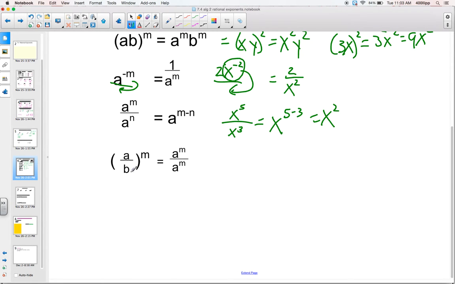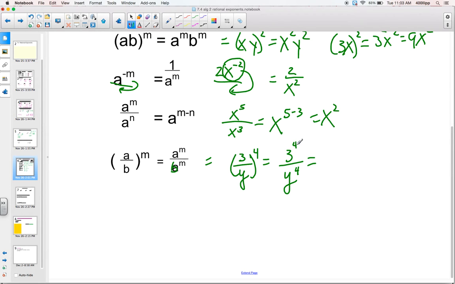And then finally, this is similar to the multiplying one. If you have a over b in parentheses to the m, they're both to the m power. For example, if I have 3 over y to the 4th power, that means I have 3 to the 4th power over y to the 4th power.